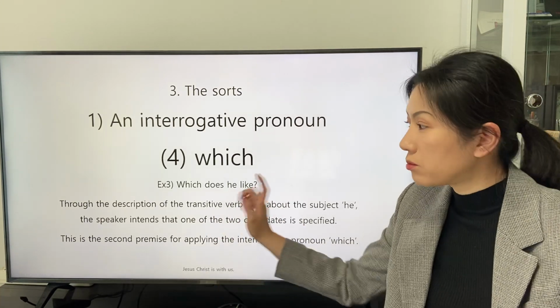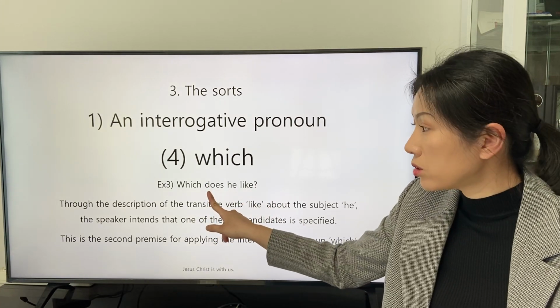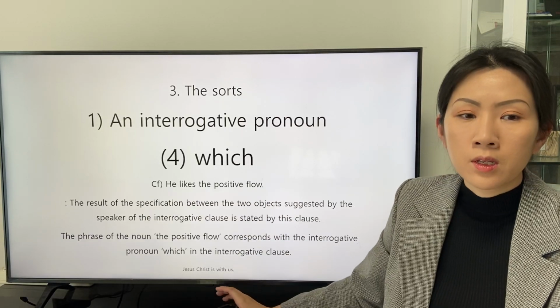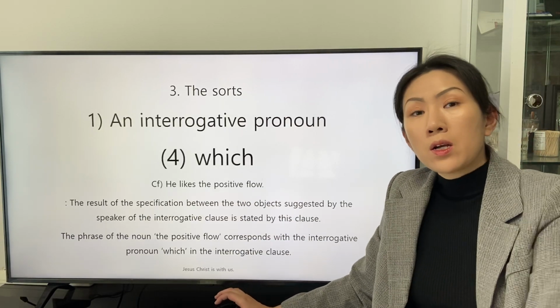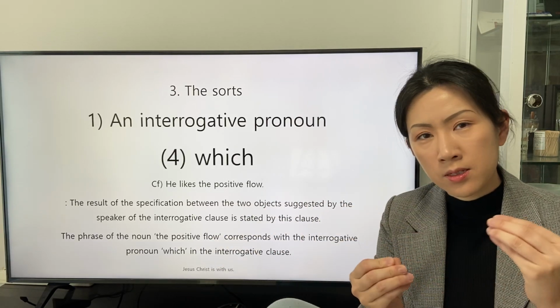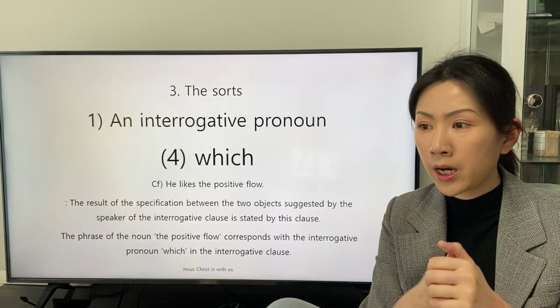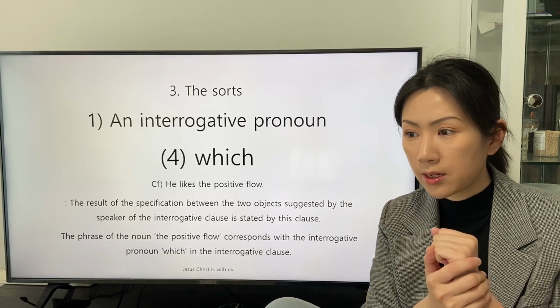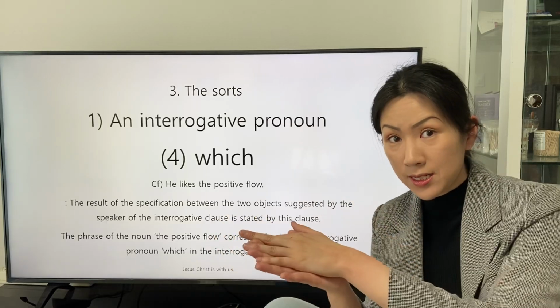In this clause, the modal verb does, the subject he, and the transitive verb like, because the predicate is a term for the remaining part of the clause except a subject.